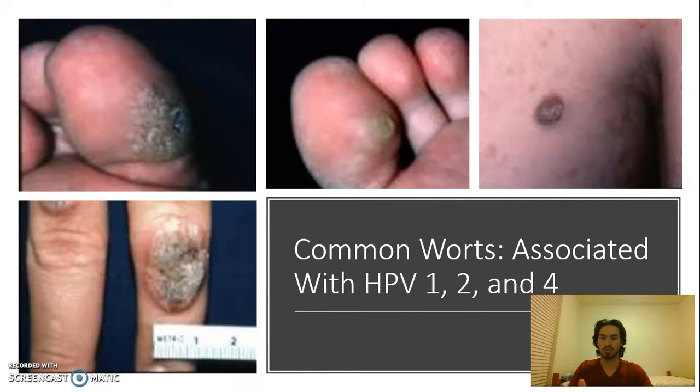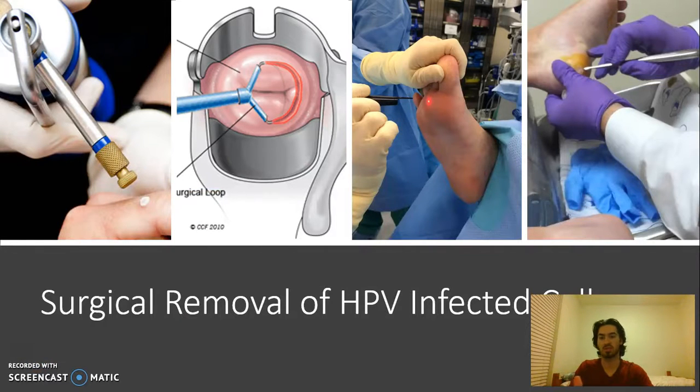And then these are some of the ways that you can actually get rid of them. From left to right, on the left we have cryotherapy, which is basically freezing off the wart that has formed on your skin with nitrogen gas. Then you have electrocautery or loop electrosurgical excision procedure, where you run an electrical current through a loop, and essentially that loop will cut right through the skin.